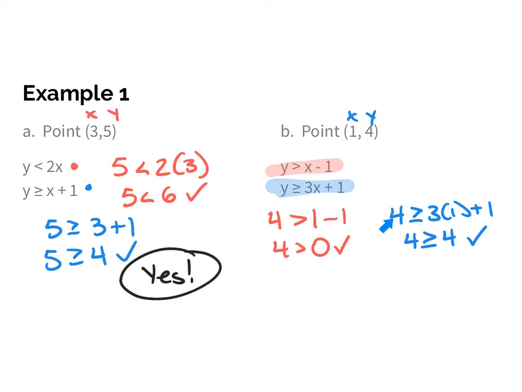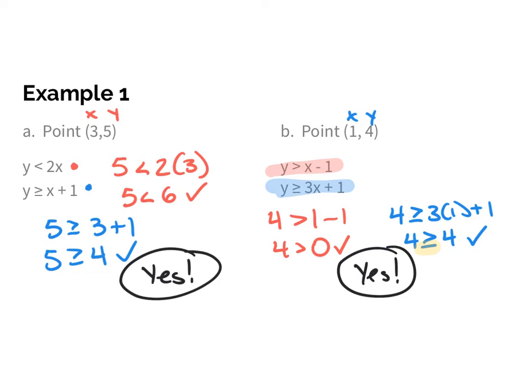Next one, again, I plugged 4 in for y, 1 in for x. I got 4 is greater than or equal to 4. That one also checks out. Because we have the equal to attached there, that means we have to think, is 4 greater than 4 or is 4 equal to 4? It's got to satisfy one of those. So in this case, just like the previous problem, this would also be a solution.